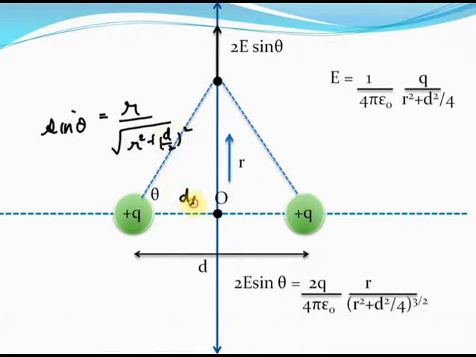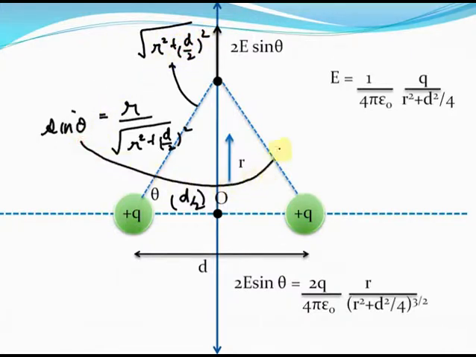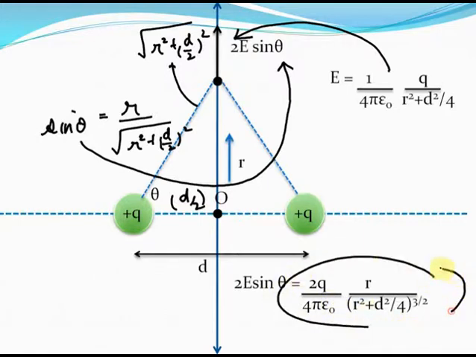Because this is d by 2, this is r, this is square root of r square plus d by 2 whole square, isn't it? So when you substitute this value of sin theta here and when you substitute this value of E here, this is the net expression that you get, and this is the electric field at any point r on the equator of a two identical positive charge system.